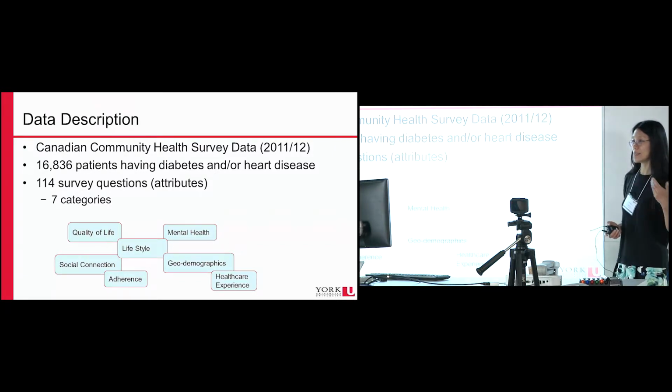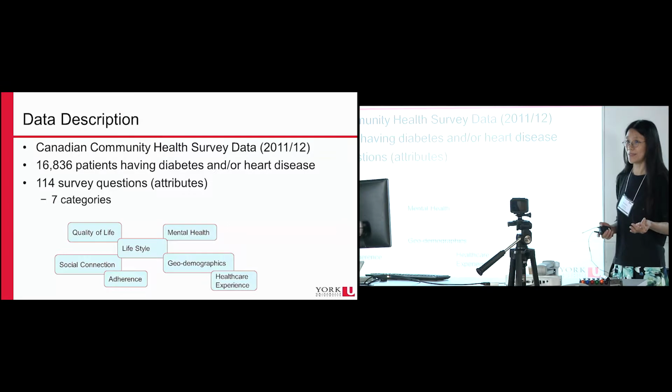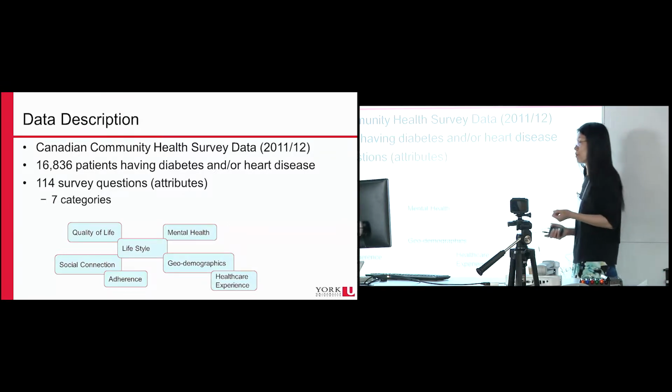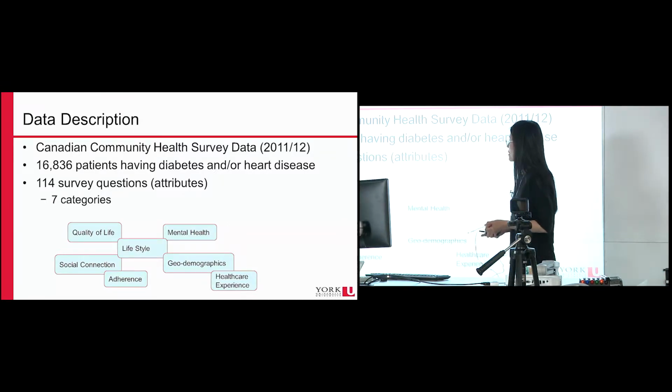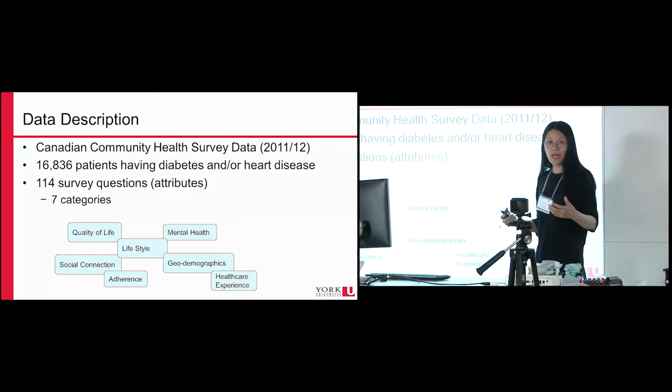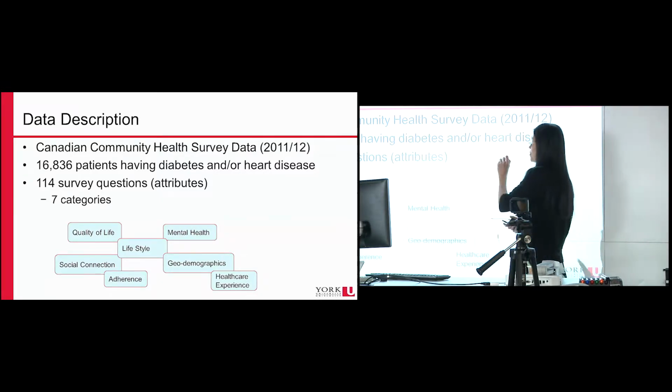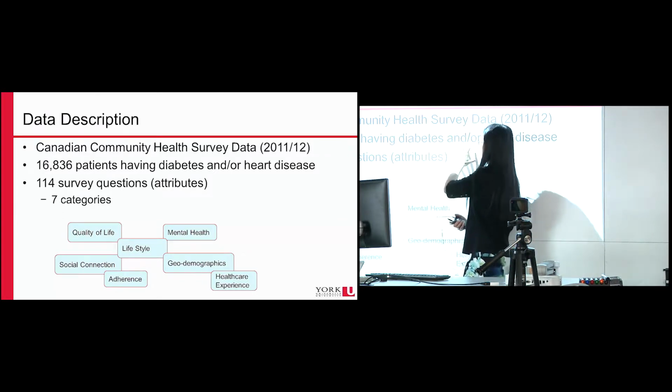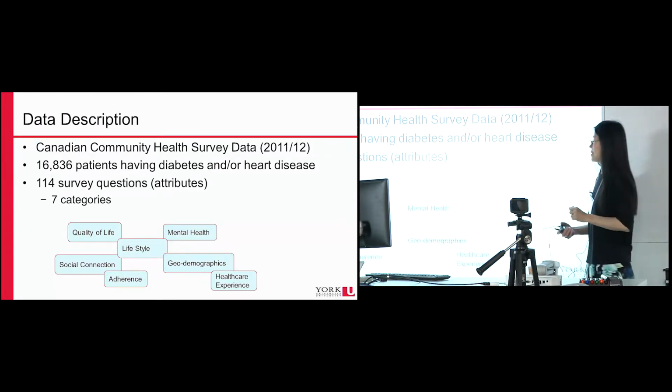It is a yearly survey conducted by Health Canada, Statistics Canada, and the CIHI, the Canadian Institute for Health Information. The data set contains a large number of people, and we focus on a group of people with diabetes and/or heart disease.